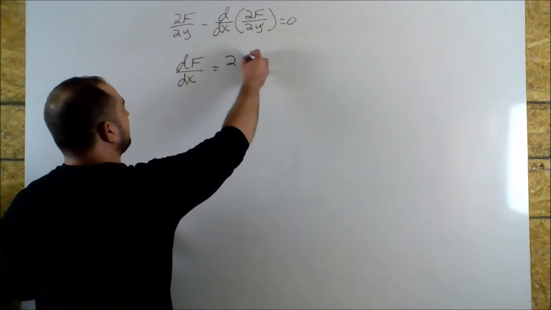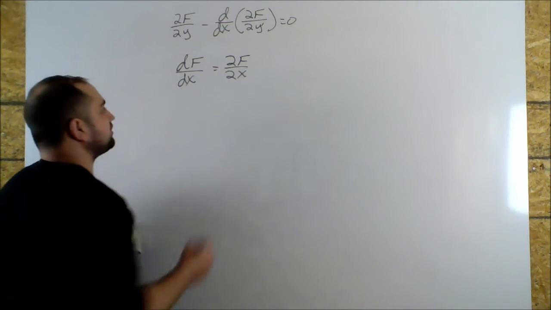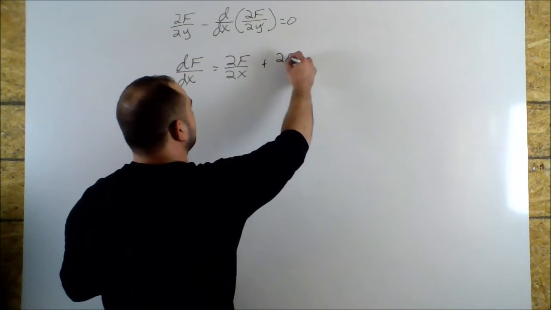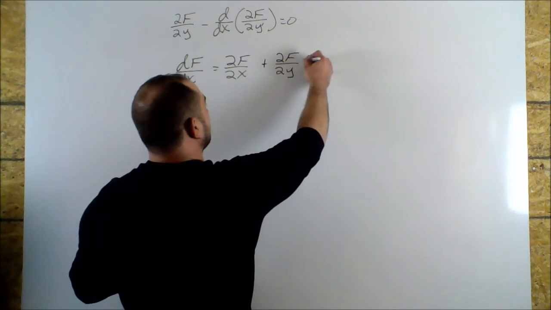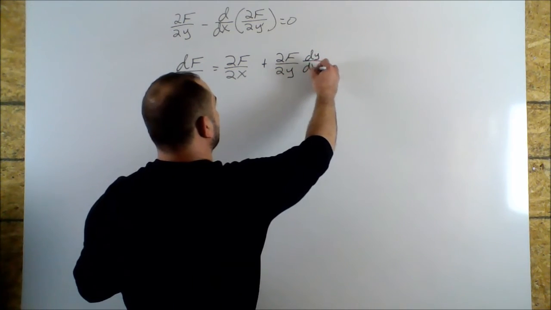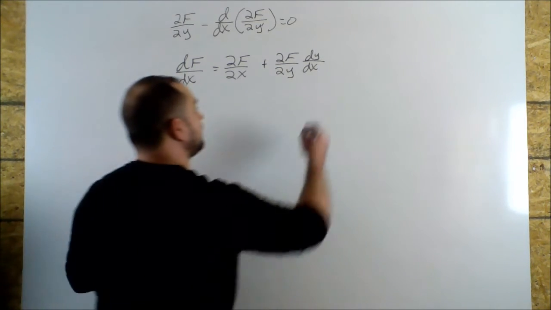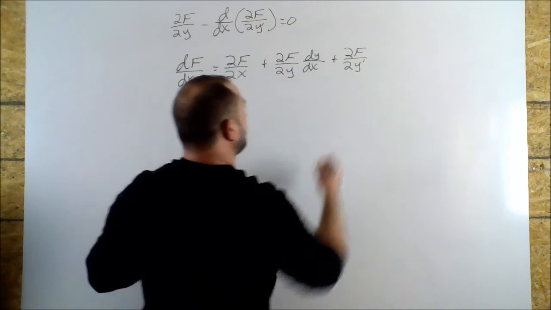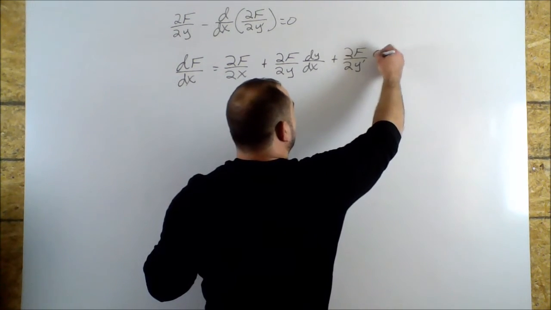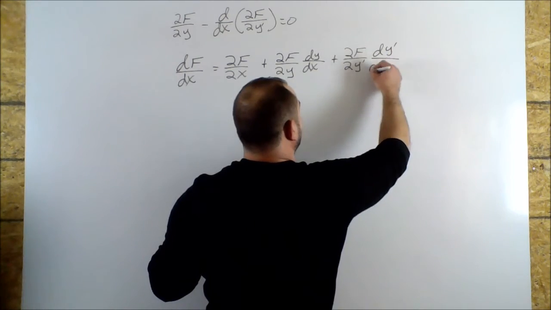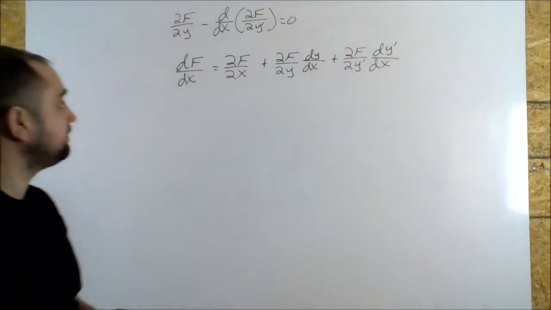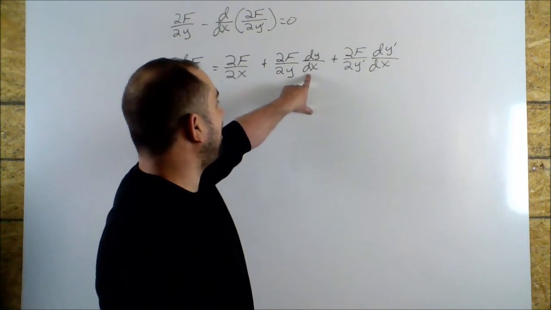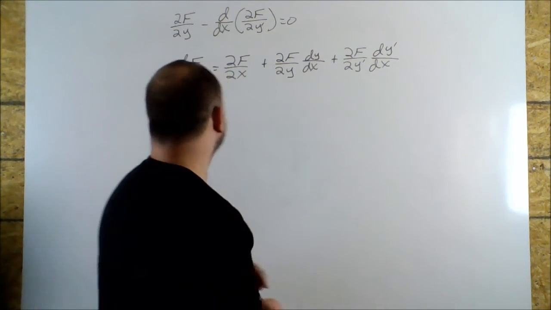We know that this has to be equal to the partial derivative of f with respect to x plus the partial derivative of f with respect to y times the derivative of y with respect to x plus the partial derivative of f with respect to y prime times the derivative of y prime with respect to x. Let's go ahead and replace this by y prime and this by y double prime.